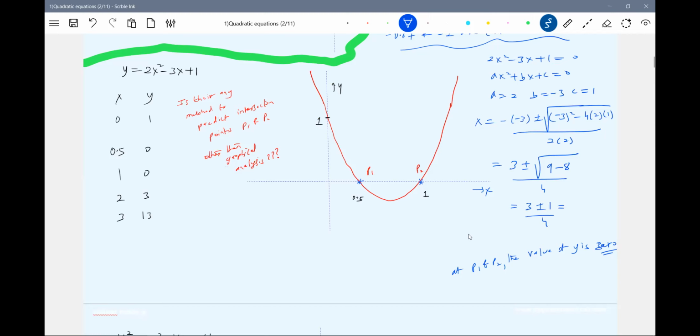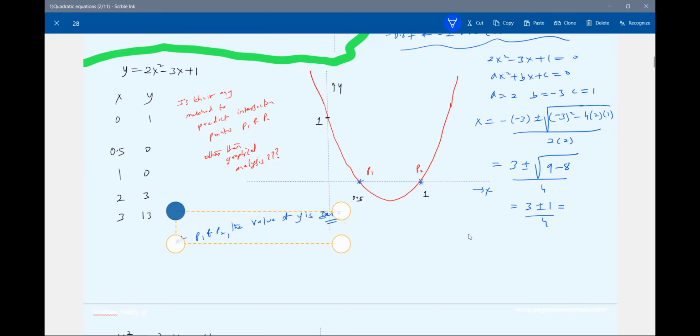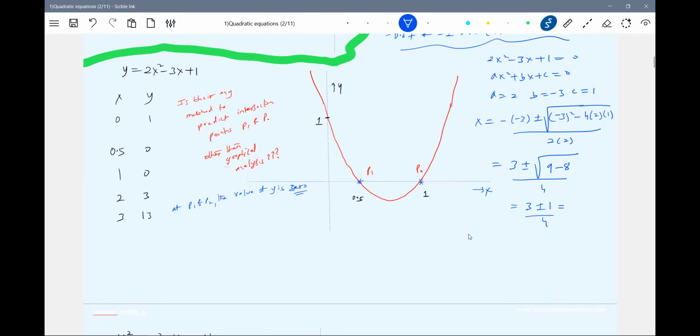I think the points are, all these are graphical things. No. So what are the roots now? So the roots are 3 plus 1 by 4, which is 1, and 3 minus 1 by 4, how much? 2 by 4.